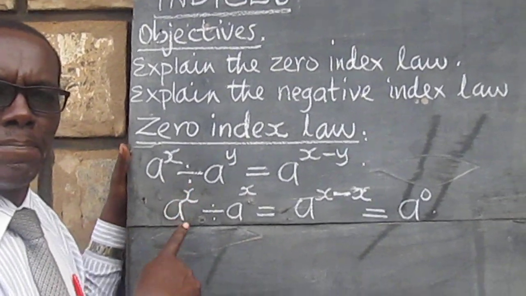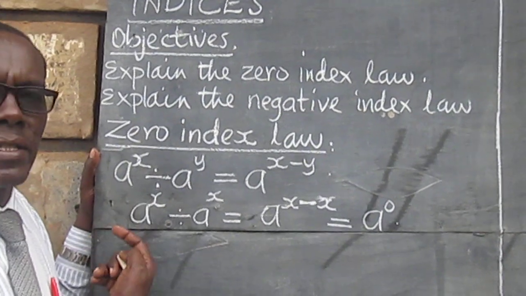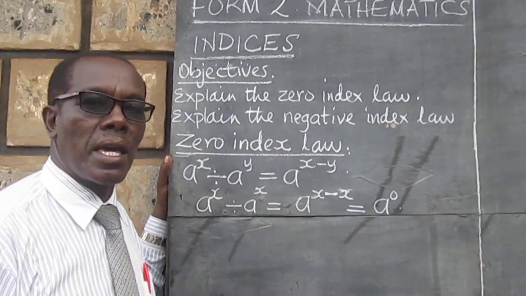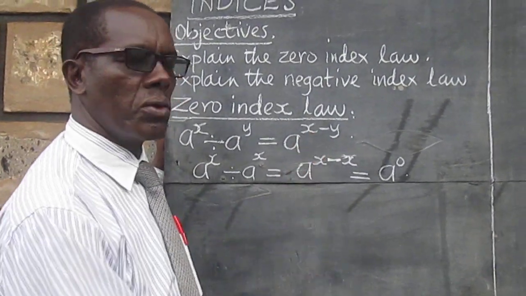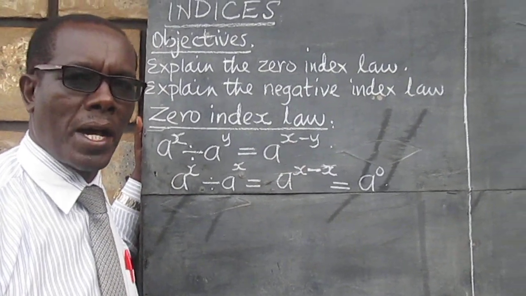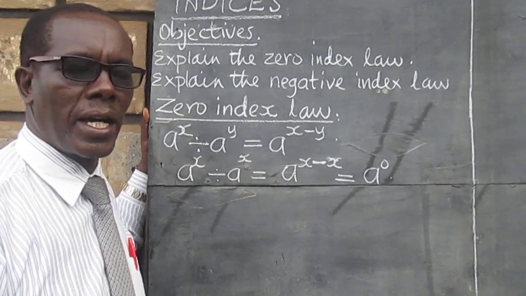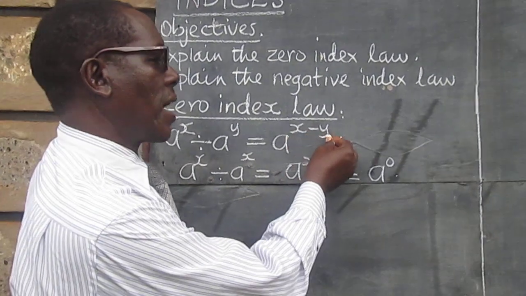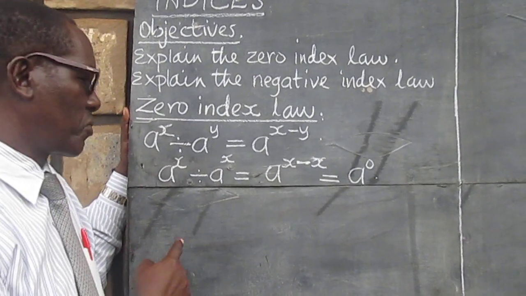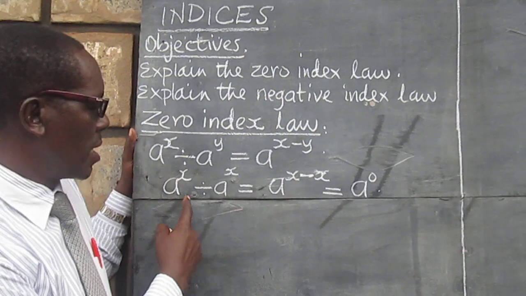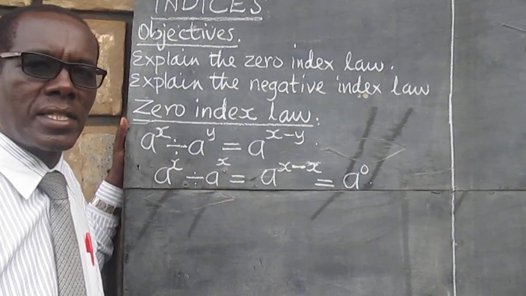You recall that a power x divided by a power y gives us a raised to x minus y. Now we want to look at a situation where this x and the y are similar, and that is a situation where we divide a raised to x by a raised to x.